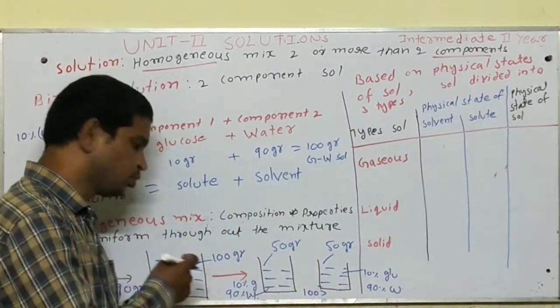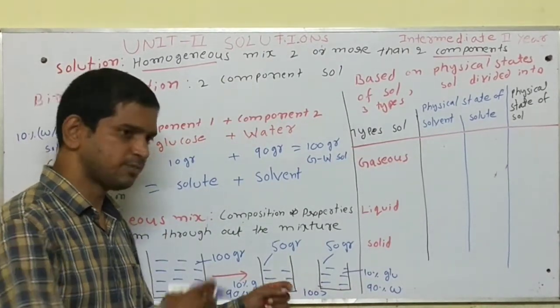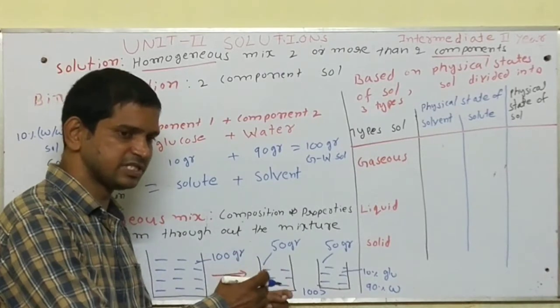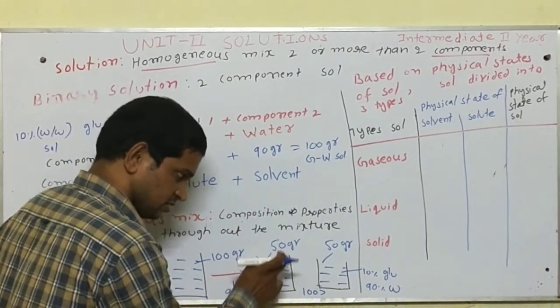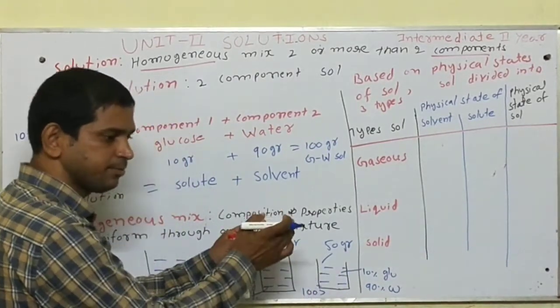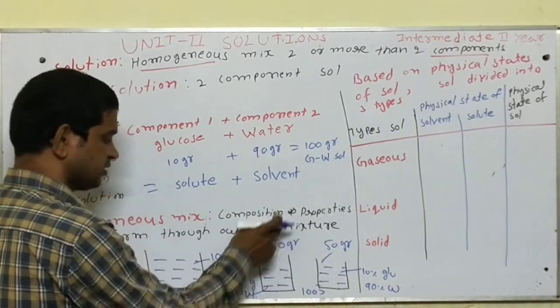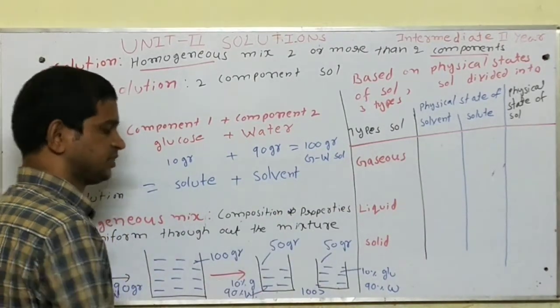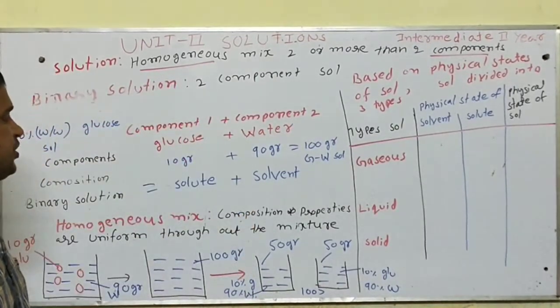As we added glucose, a non-volatile solute, the boiling temperature of this solution increases. The first beaker and the second beaker have same boiling points, so properties are same and composition also same. This is called a homogeneous mixture.